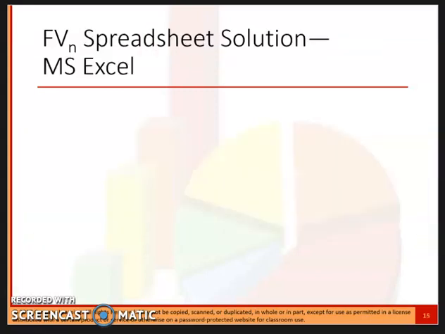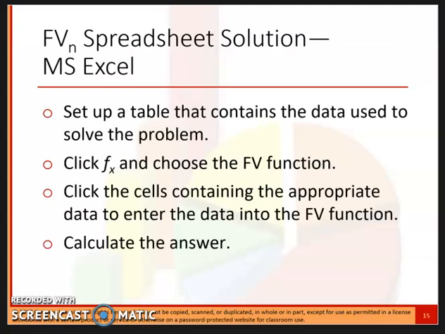The Excel solution is next. I'm going to skip through that, but I encourage you to learn how to do it in Excel. Excel is a very valuable tool. If you have the opportunity to get any sort of Excel certifications, they are very highly coveted by employers.